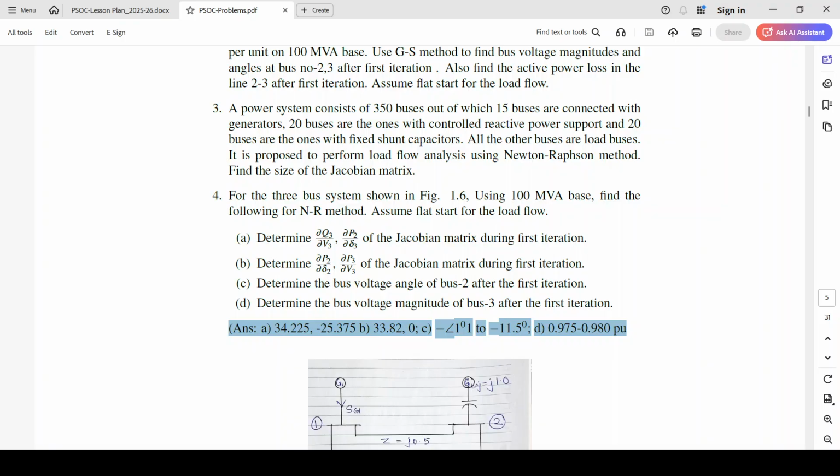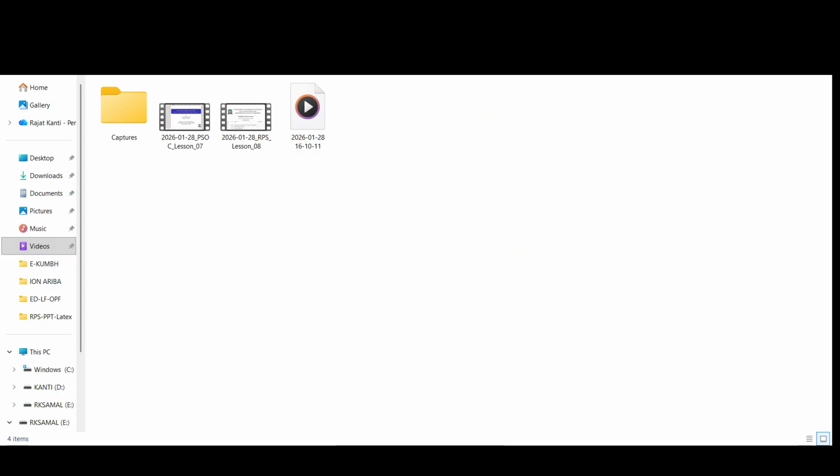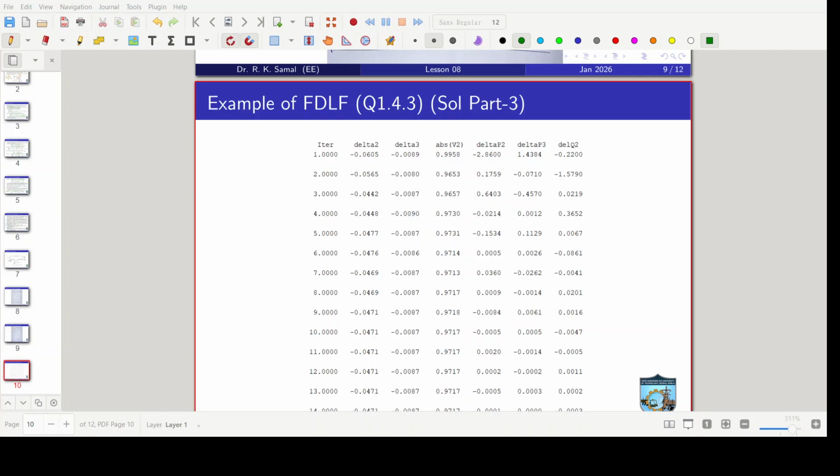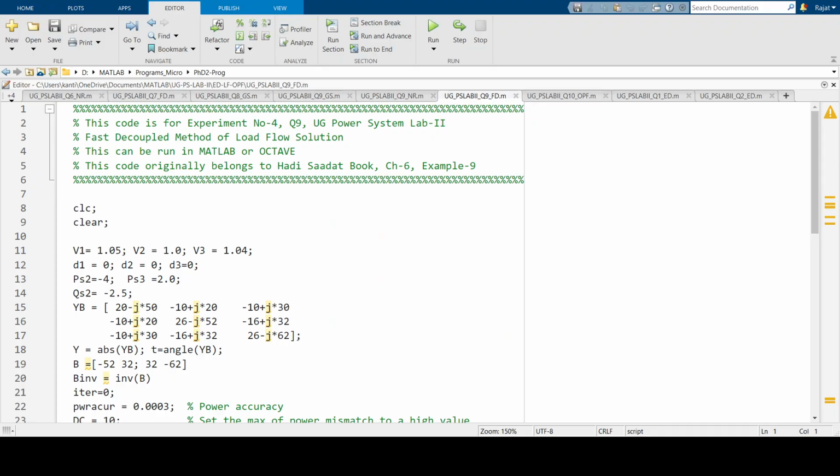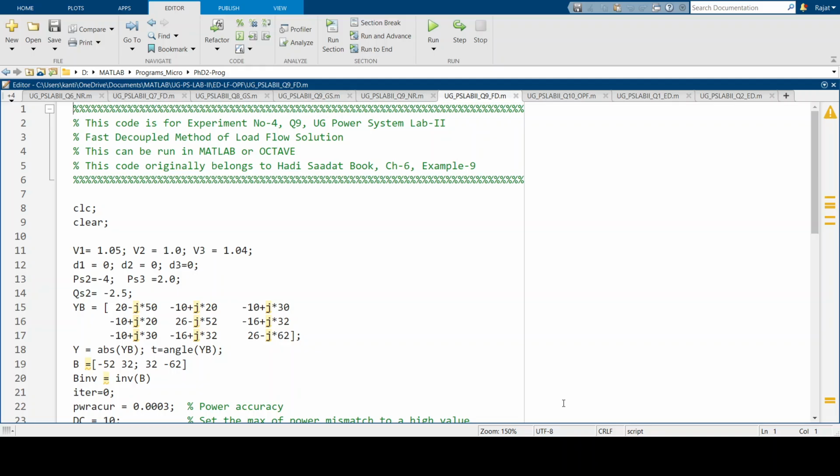Let me try to show you the MATLAB. Okay, now you see this is the MATLAB and this is the code.